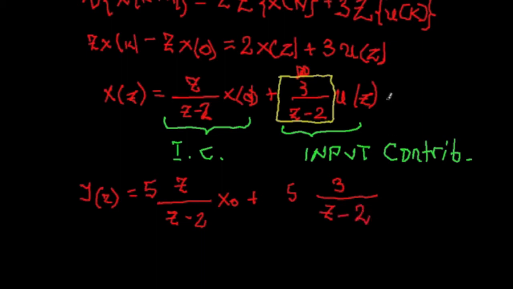But we know here that if we have a step input, the Z transform of the unit step, which we denoted as u of t in the previous, here is just z divided by z minus 1.